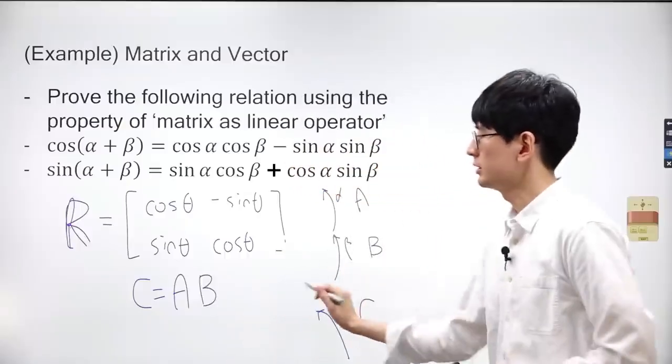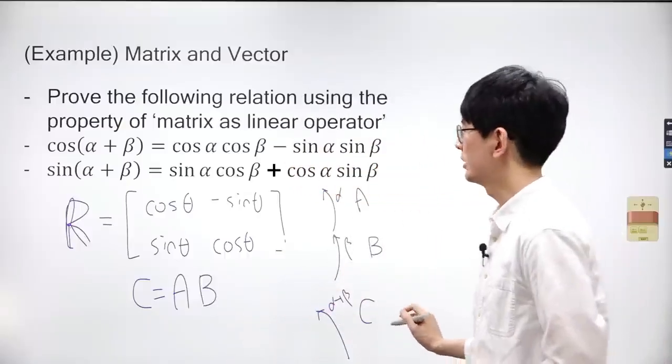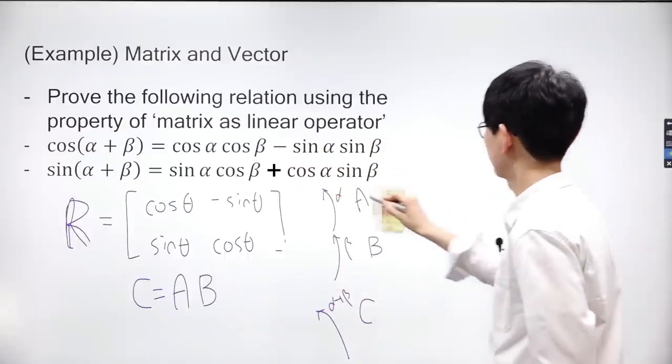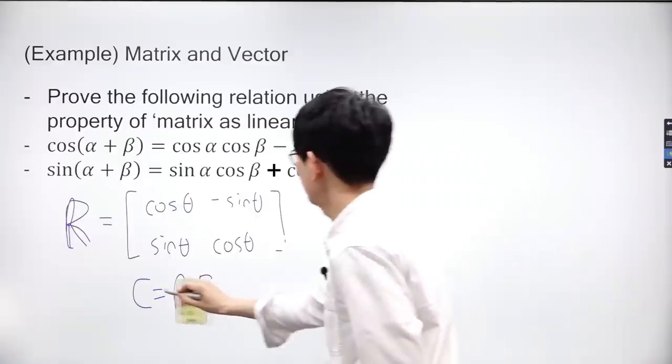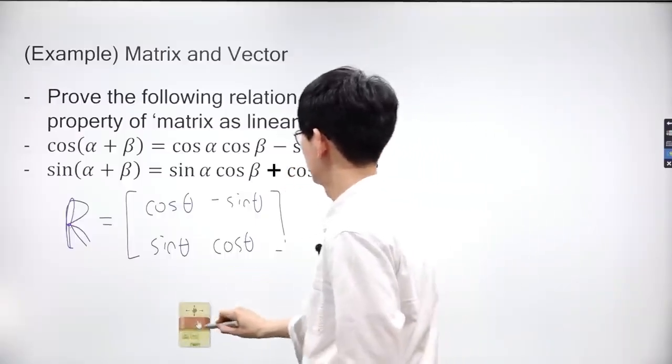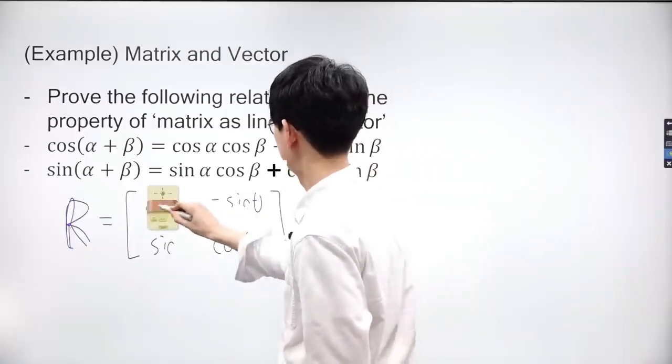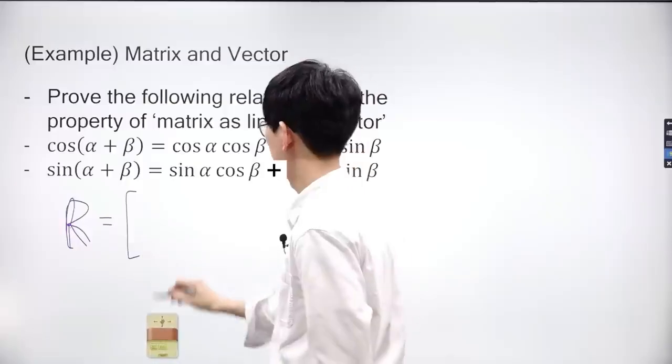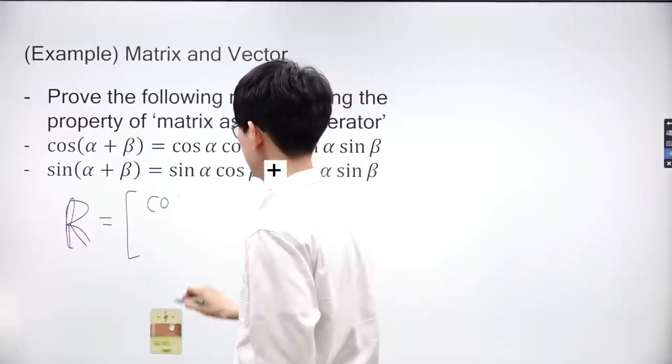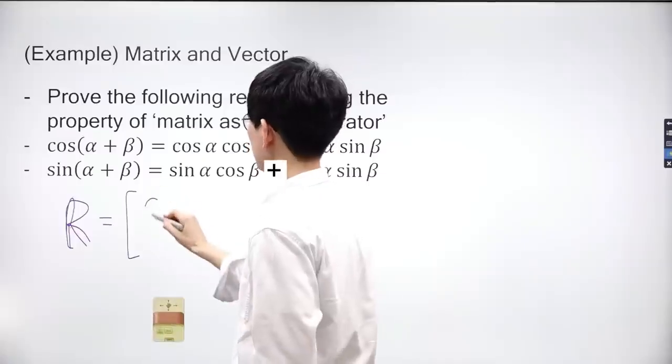Matrix C is the result of multiplying matrices A and B. Unlike most cases where the order of matrices in multiplication matters, with rotation matrices, it doesn't. So the results of matrix multiplication, AB and BA, are the same.